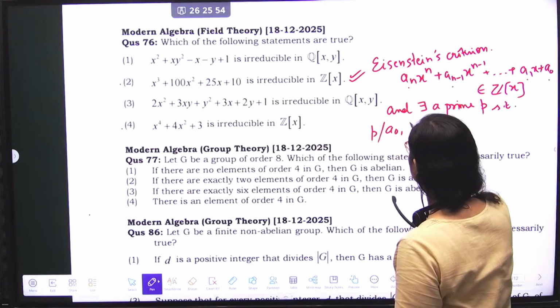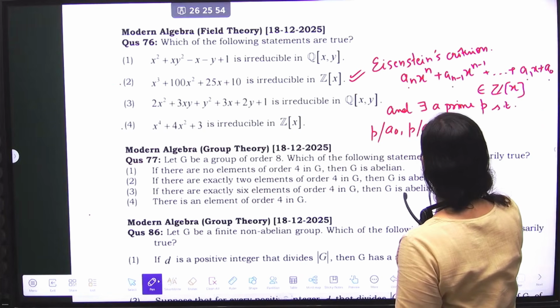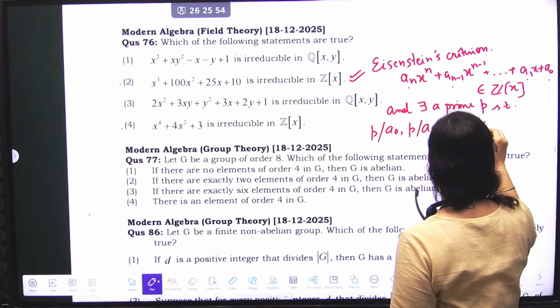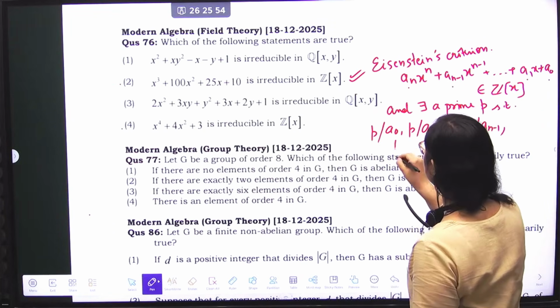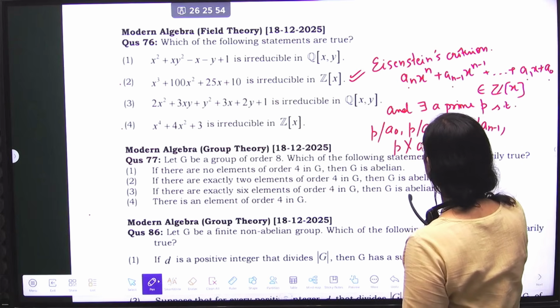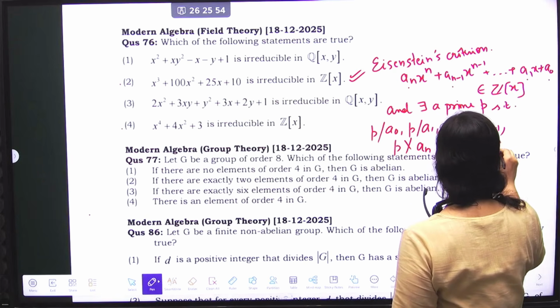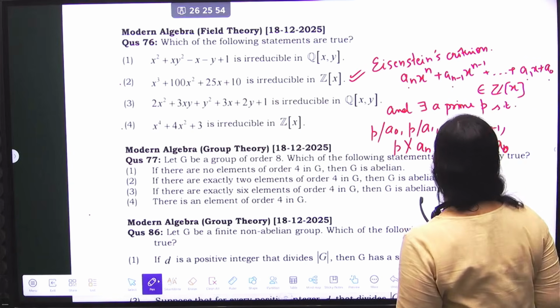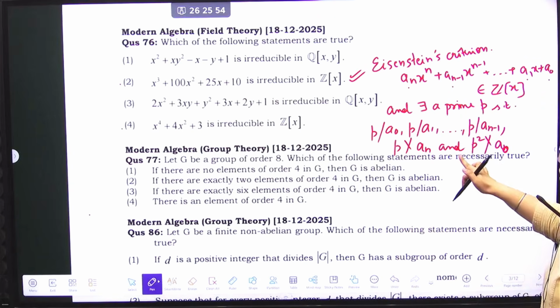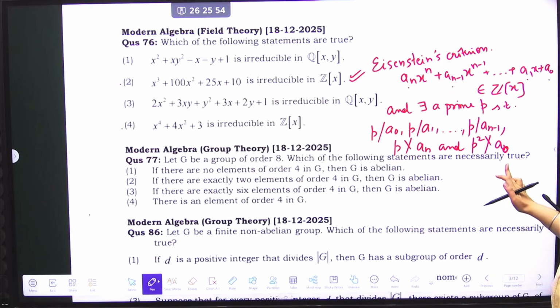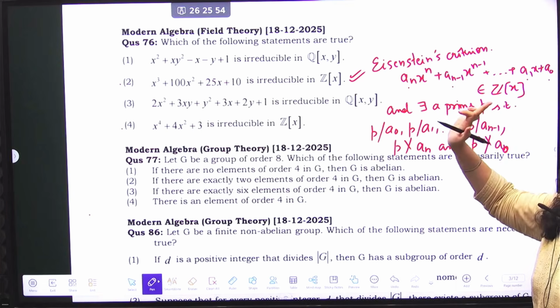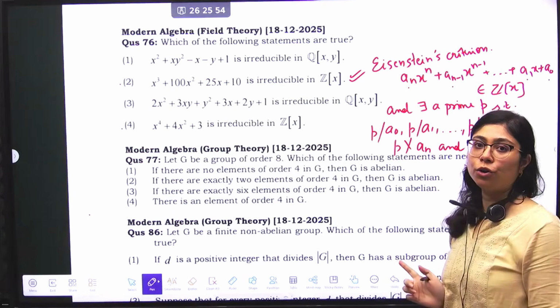Then in that case, the polynomial is irreducible over Q[x].